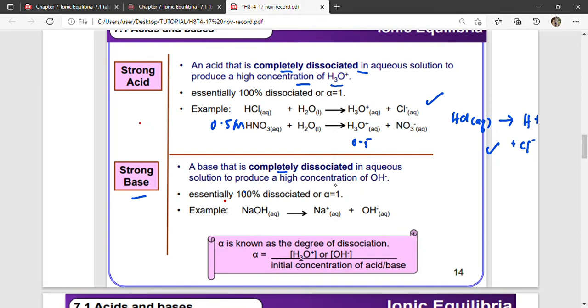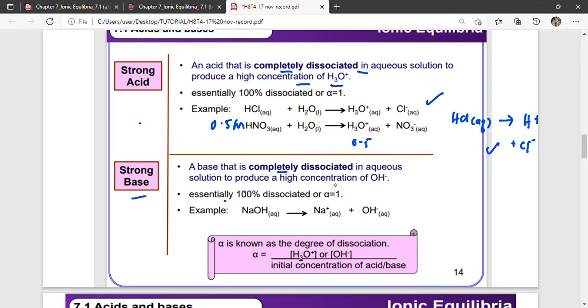For a strong base, we cannot write NaOH with water. If you write water in the reaction of NaOH, you will have difficulties balancing the equation.